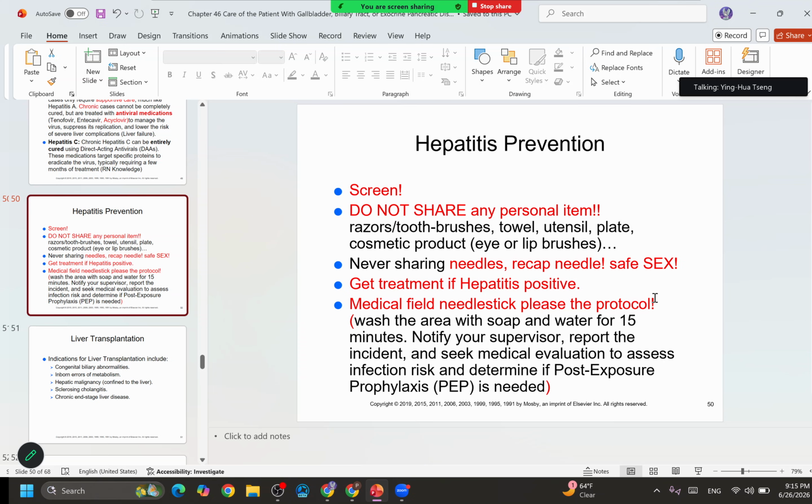That means you put the cap back. When you put the cap back and you accidentally poke yourself, needle stick, poke yourself. So that's why they don't want you to recap the needle. One of the reasons is that in the medical field, hepatitis B increased because of recapping needles. You poke yourself. So that's why.